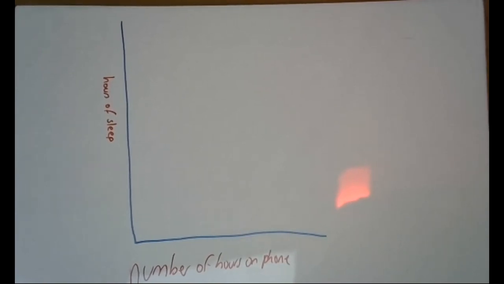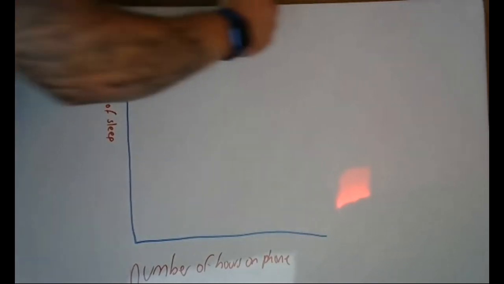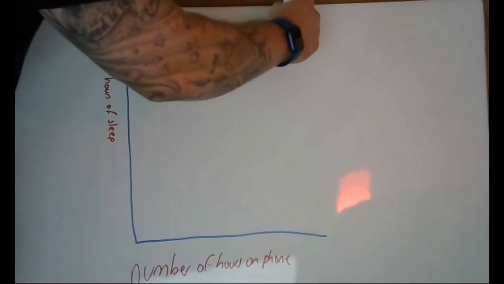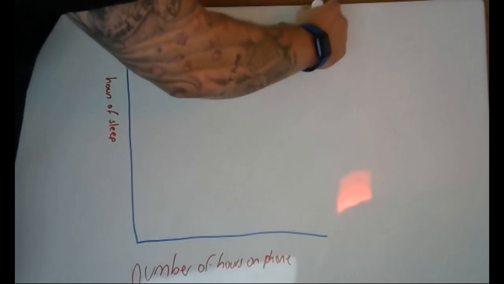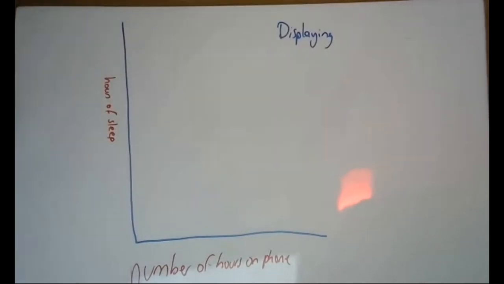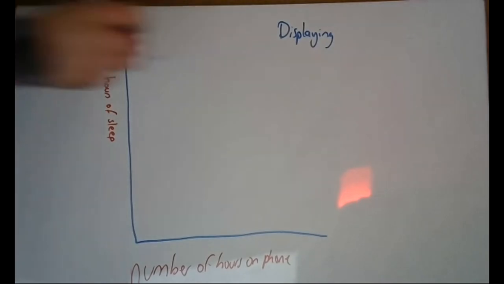Now, a bar graph is great for displaying information. But as you get into grade 8, 9, and 10, up in that range, you will find that you also need to analyze the data.